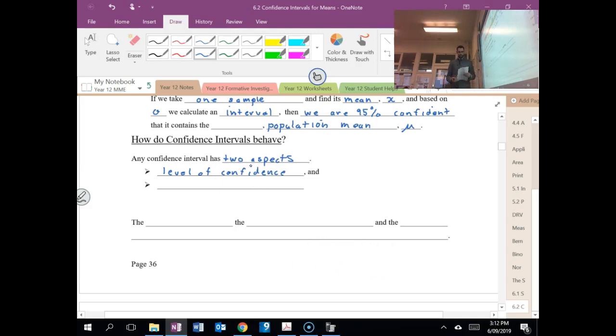But the other thing is the width of the interval is also important as well. If you have an interval that goes from 1,000 to 10,000, that doesn't tell you very much about the population mean. So a really wide interval doesn't really help us.